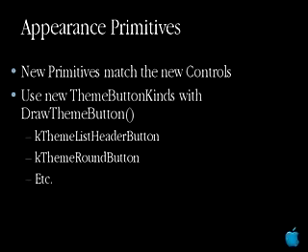Right now, that's the only way to draw a list header button the way you see in Data Browser, in the Finder, in Sherlock. We don't offer a control to do that yet. Hopefully, Data Browser will serve your needs, but if you do find it necessary to draw those buttons on your own, we can probably do some kind of control for you. Just let me know. Of course, we have theme button constants for all the standard controls, all the new standard controls I just showed you, like the round button and the disclosure button and things of that nature.